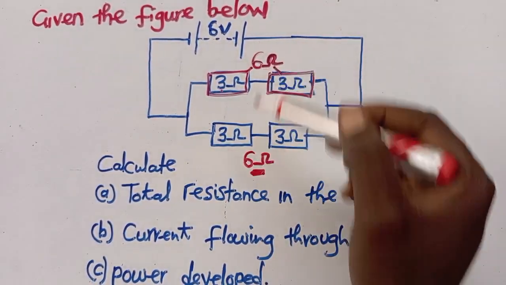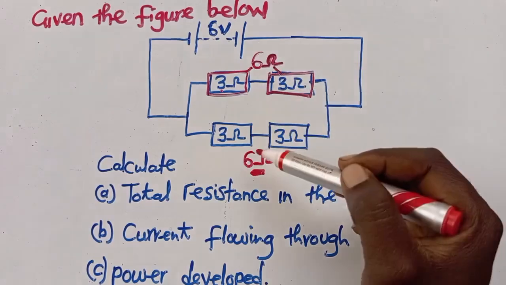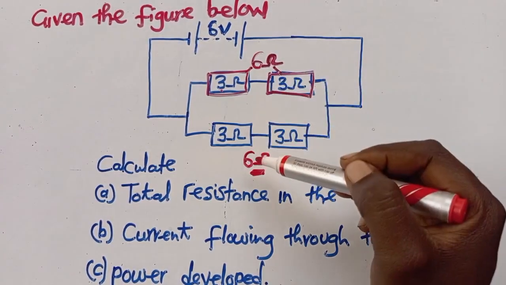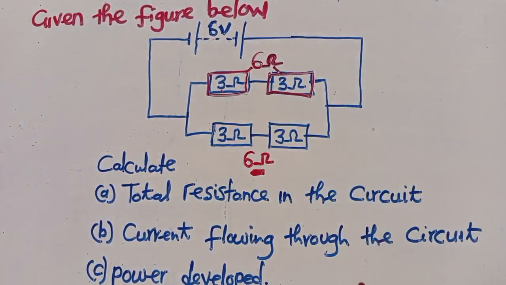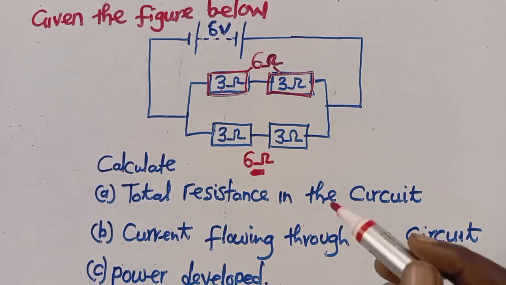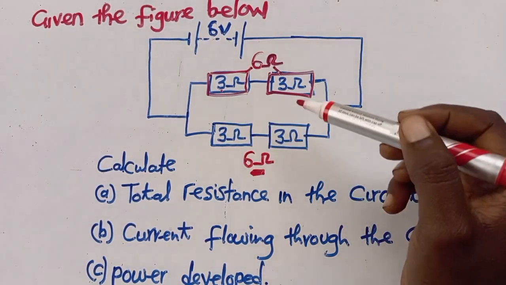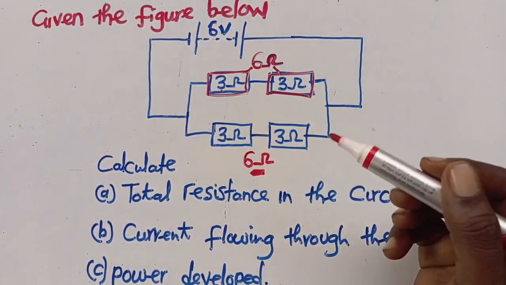So we now have two resistors that are in parallel. How then do we calculate the total resistance when we are dealing with resistors that are in parallel? When you've got two resistors, it's so easy.